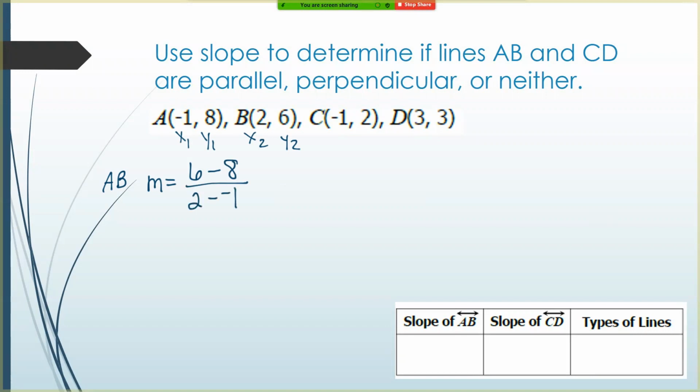Again, another double negative to change to a positive. So negative 2/3. So I got negative 2/3 for the slope of AB.